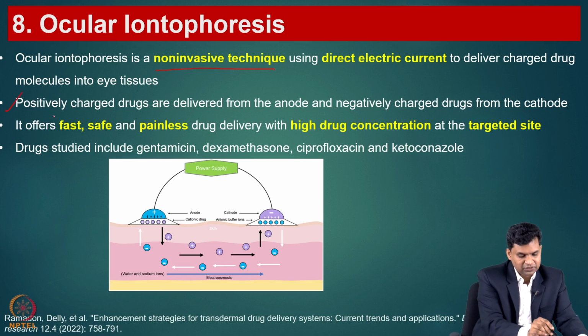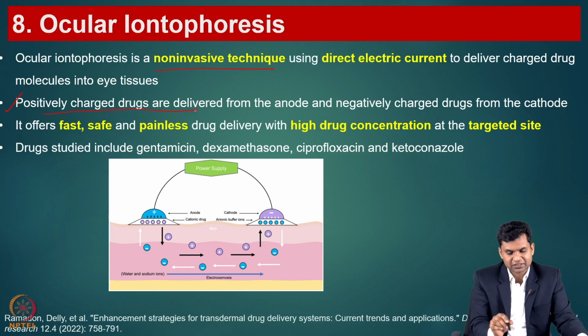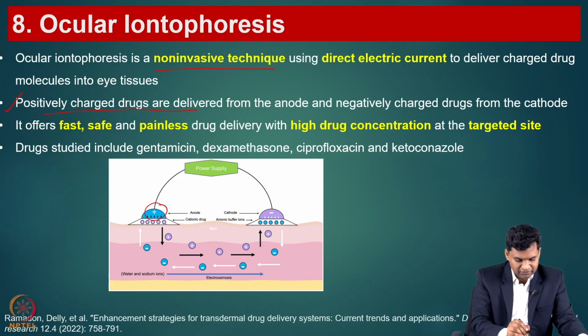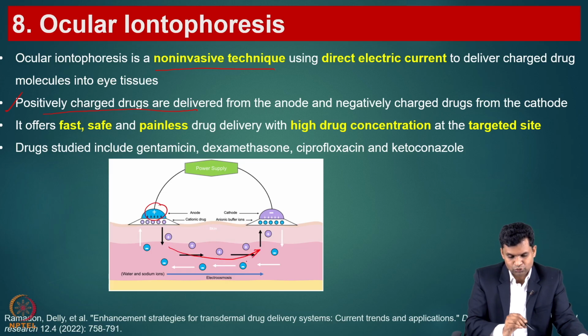So, positively charged drugs are delivered from the anode. You can see here, this is the anode. When you want to deliver positive drugs and you apply iontophoresis, the anode will repel your positive molecules toward the cathode.